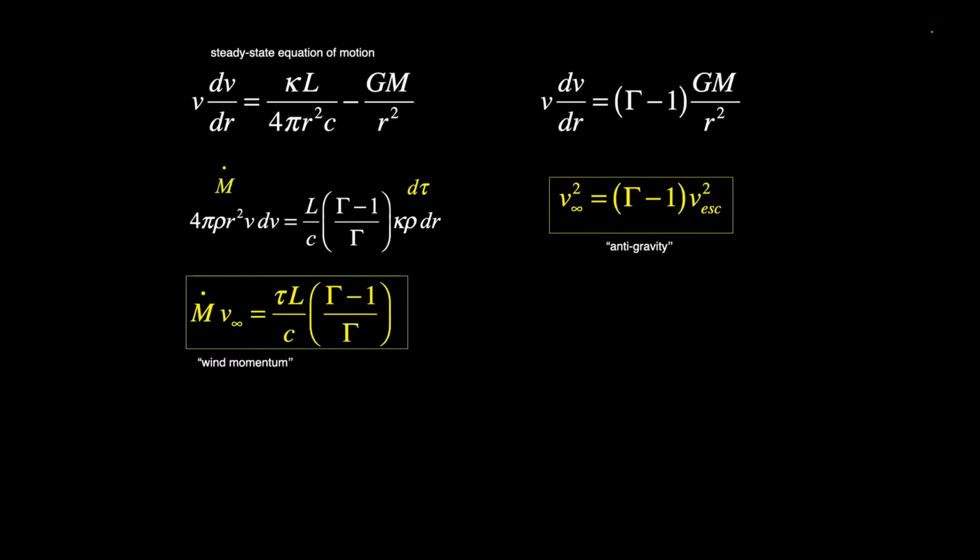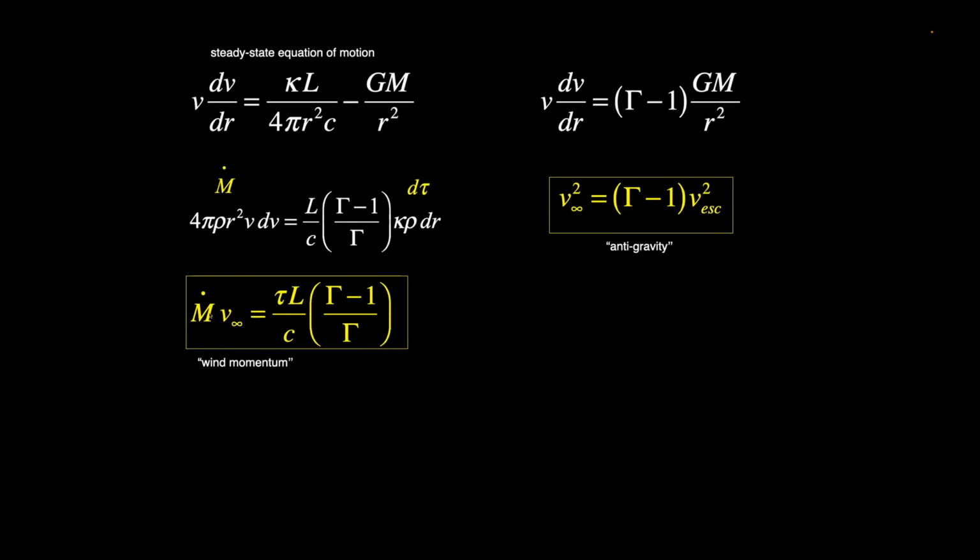But what's more, you can multiply the same equation by the mass loss rate, which is 4 pi r squared rho v, and then write the dr on the right side. You find that it becomes a comparison between the change in velocity and the change in optical depth. So you can integrate that equation.